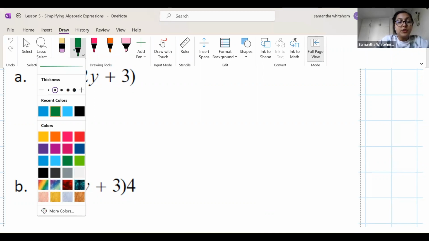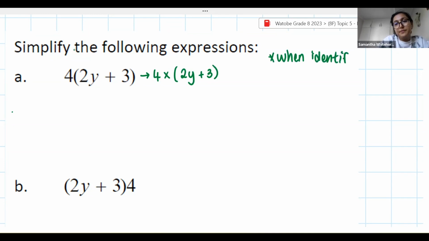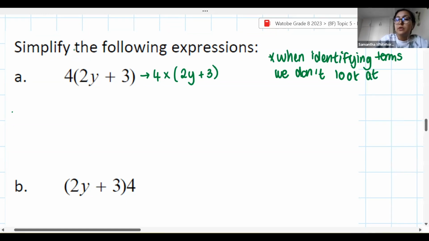Alrighty, guys. So in example A, what we have going on here is 4 times the bracket 2y plus 3. Now, when identifying terms, we don't look at plus or minus signs inside the brackets.